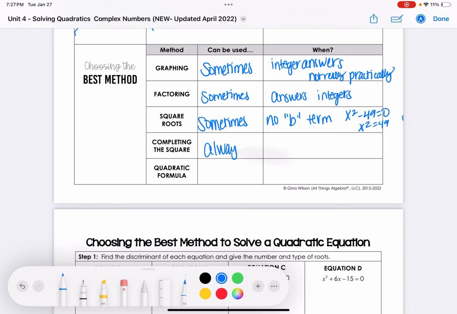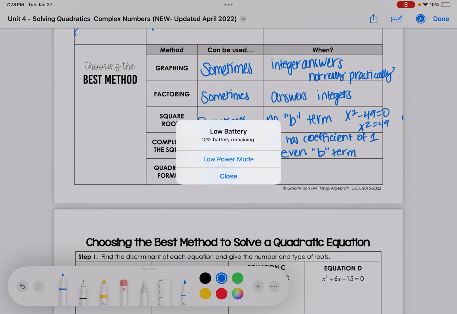Completing the square and the quadratic formula are always a possibility for solving these. Now, these are a little bit more in depth, and so usually these are going to be your last 2 options. Completing the square is going to be best when your x squared has a coefficient of 1, so 1x squared, and you have an even b term.